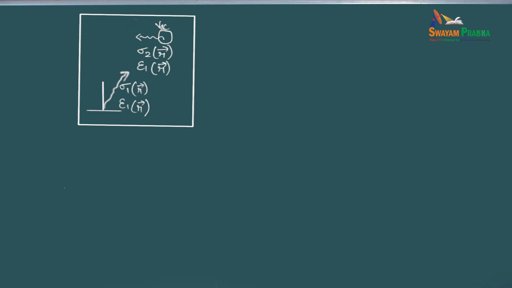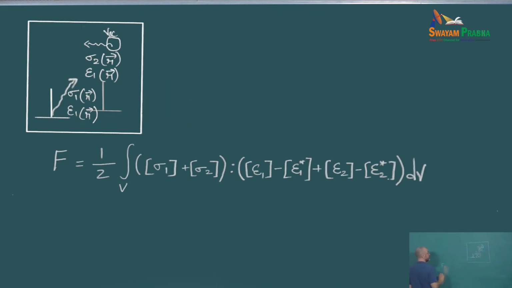So the total elastic energy of the system will be something like 1/2 integral over the volume of the total stress, sigma 1 plus sigma 2, double contracted with epsilon 1 minus epsilon 1 star plus epsilon 2 minus epsilon 2 star. You agree with that?